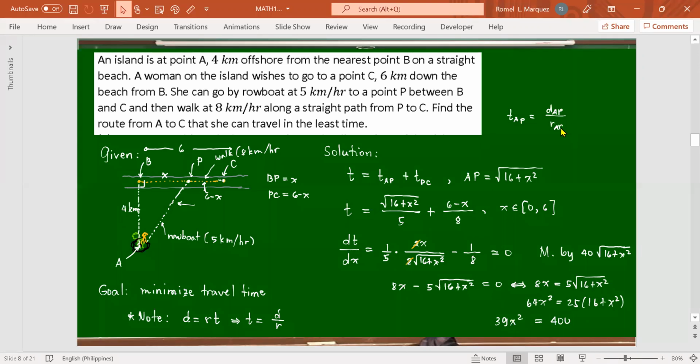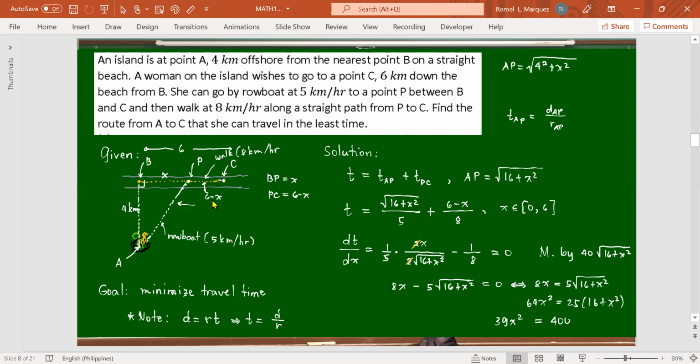Ang rate ni AP ito 5. O, di ba right triangle yan? Anong length nito? By Pythagorean, hypotenuse yan. Ang hypotenuse, that is AP, is square root ng 4 squared plus x squared.